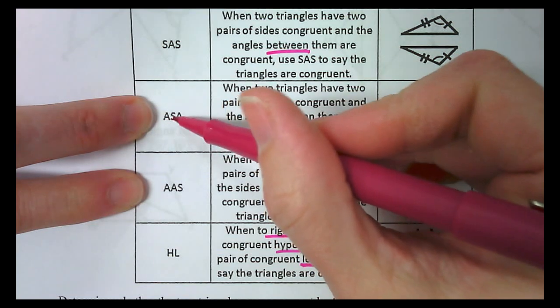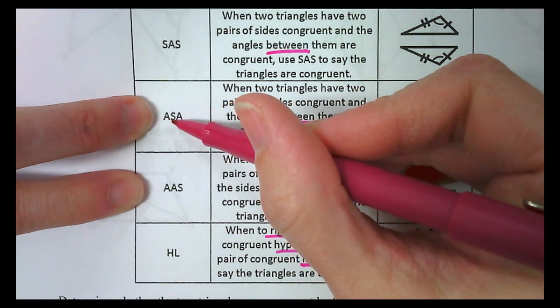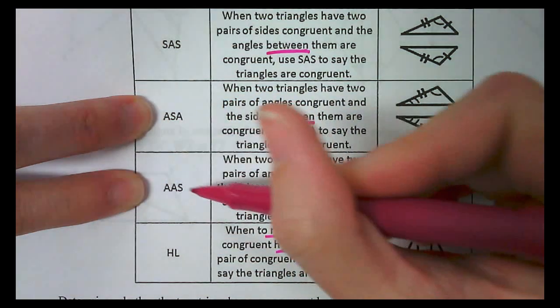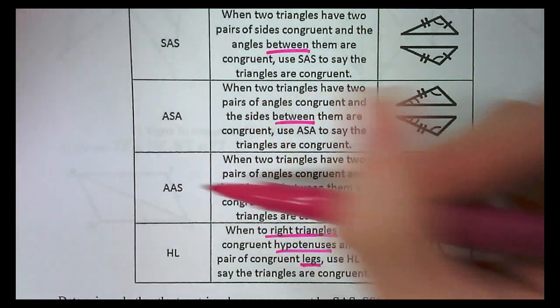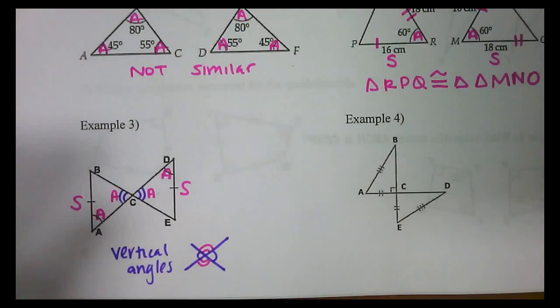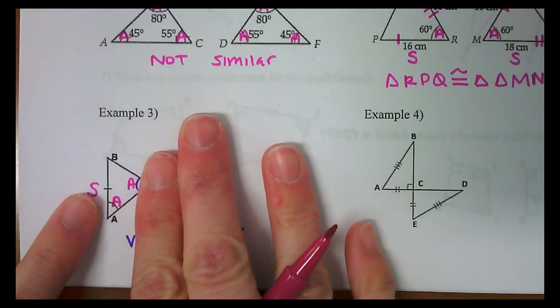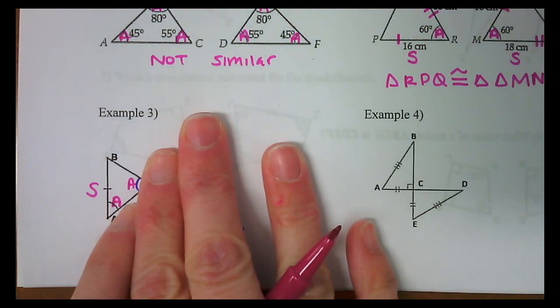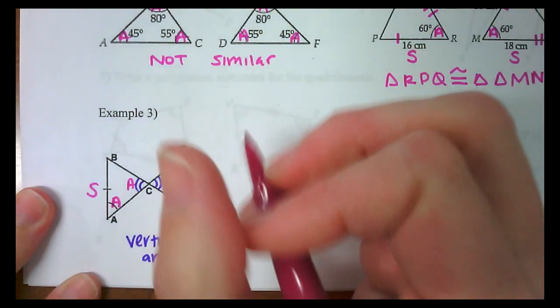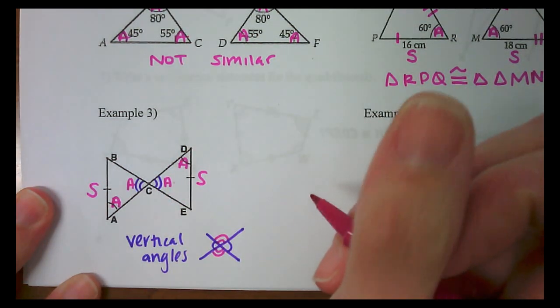We just have to decide, is the side between the 2 angles they give us, or is the side not between the 2 angles they give us? So, if I look at this triangle, the S does not fall between the 2 A's. So we're going to say this is angle, angle, side.